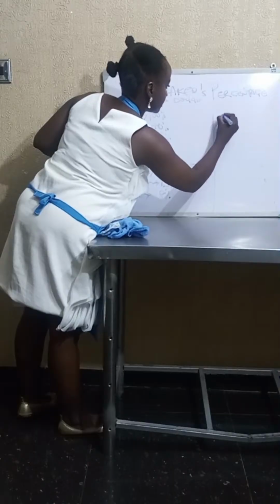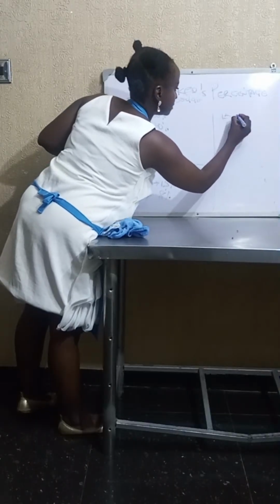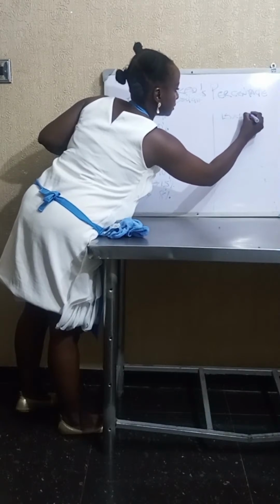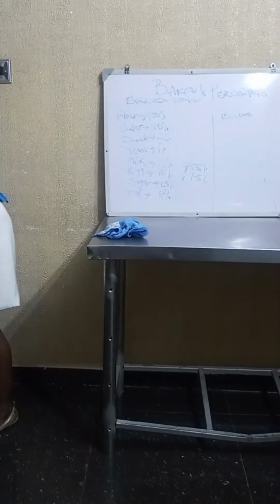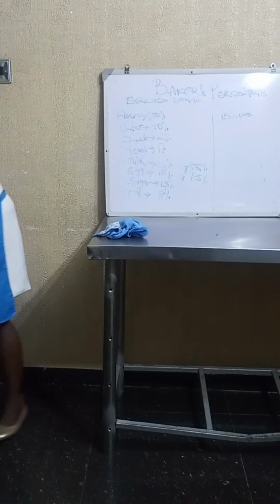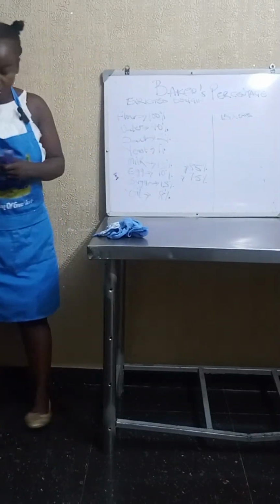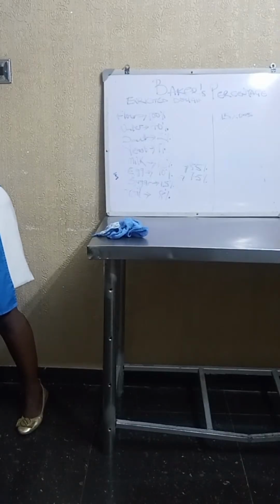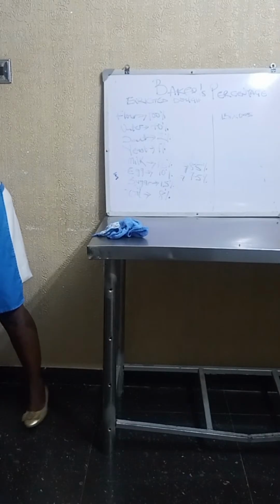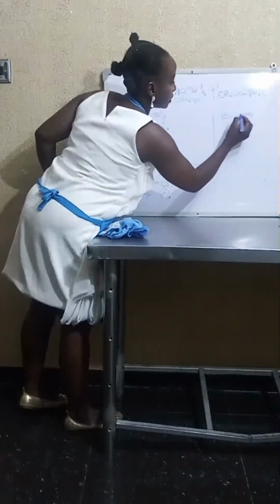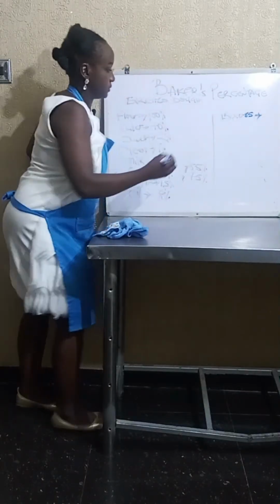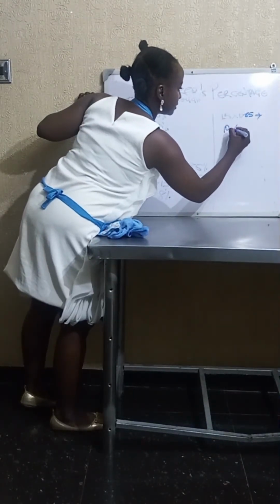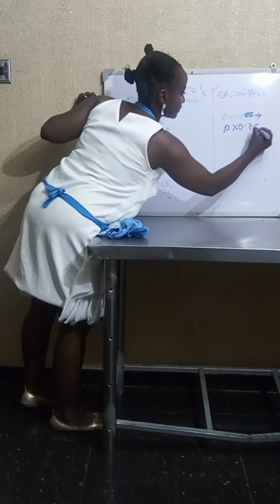So you're going to convert this. So we have 15 times 0.85, and our egg is 10% times 0.75.